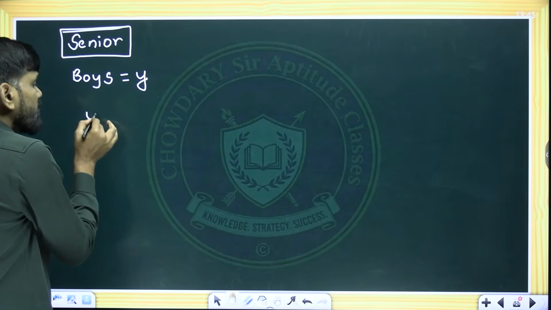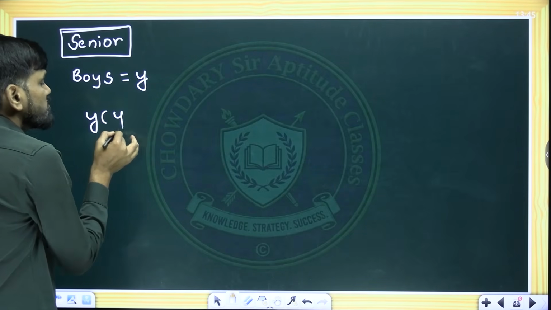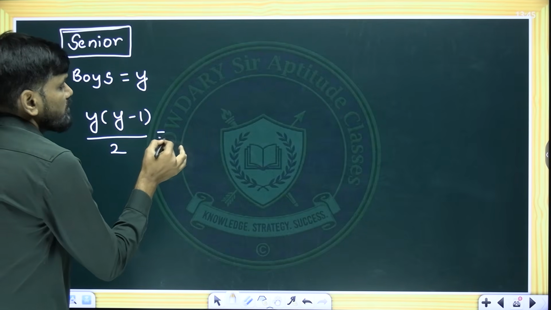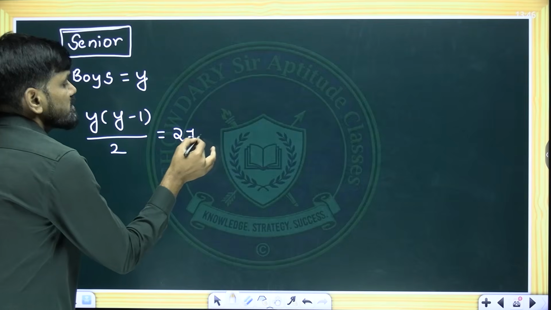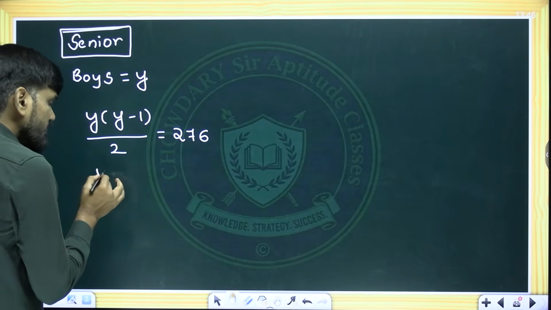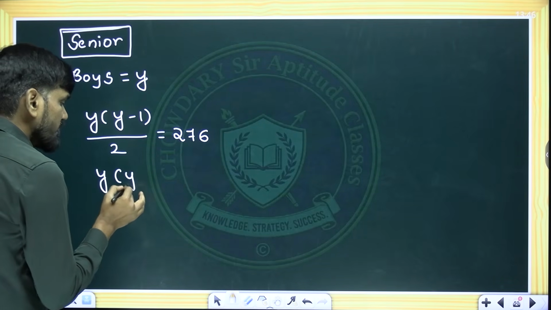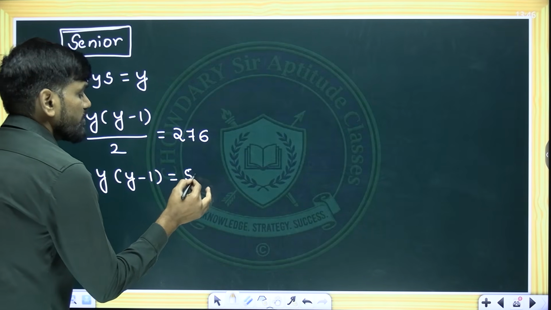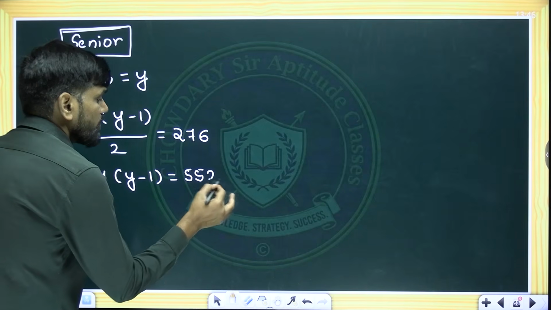Boy versus boy matches means n into n minus 1 by 2, so y into y minus 1 by 2 is equal to 276. From this, y into y minus 1 is equal to 552.